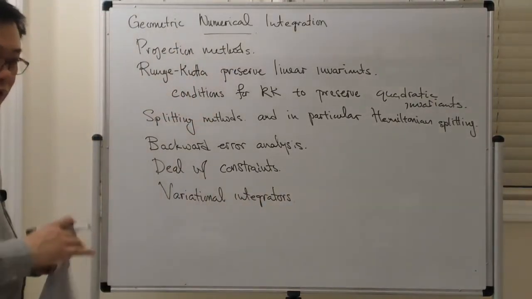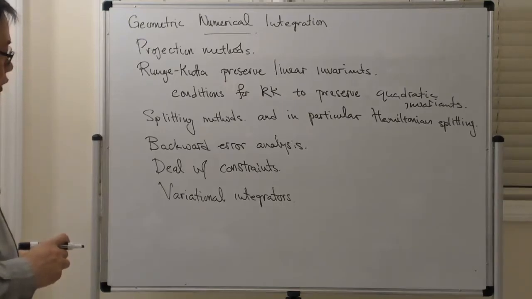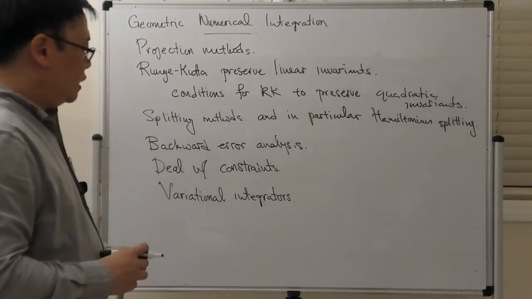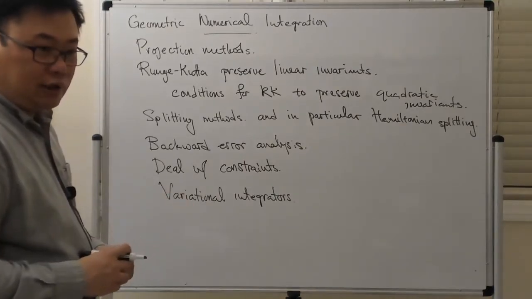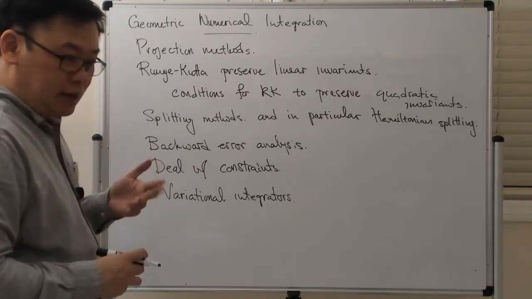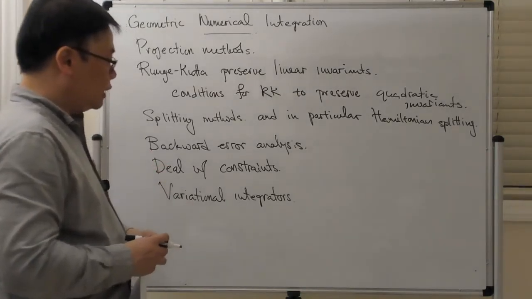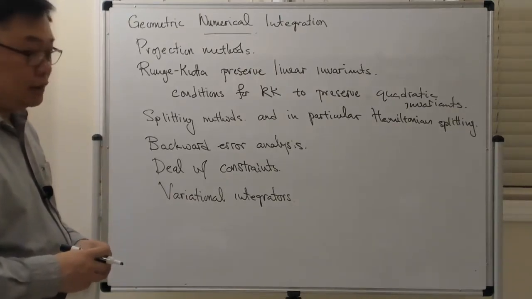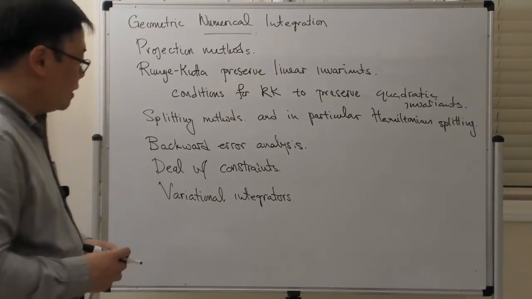particularly for Lagrangian and Hamiltonian systems. We talked about the idea that they were always automatically symplectic because really the discrete Lagrangian is a type 1 generating function of a symplectic map. We talked about the idea of variational error analysis, which more or less says that instead of analyzing the numerical method itself, we could analyze the generating function of the discrete Lagrangian.